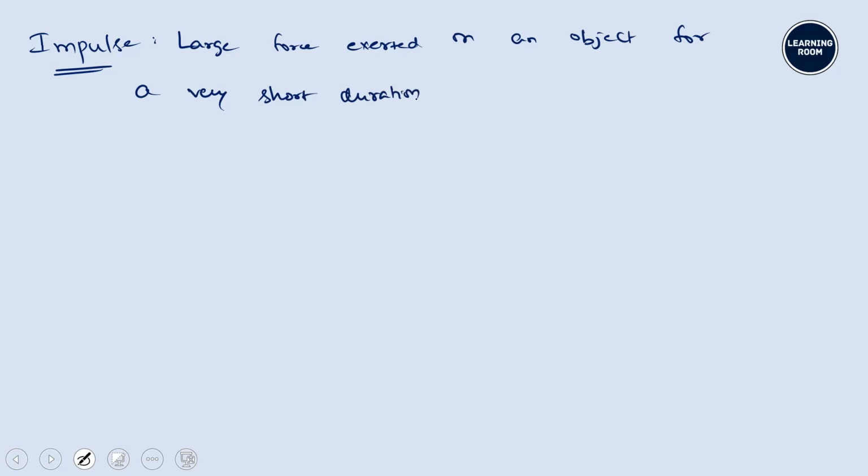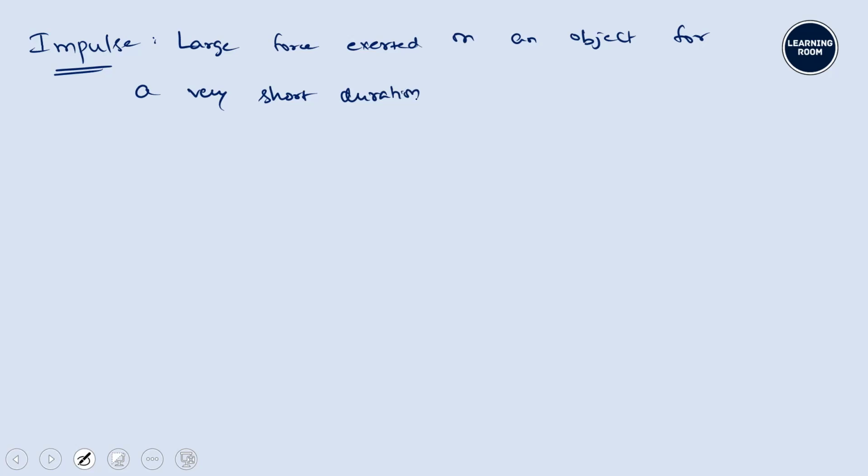If I have to give a book definition, or simply in terms of a statement, what do I call it as? Large force exerted on an object for a very short duration.